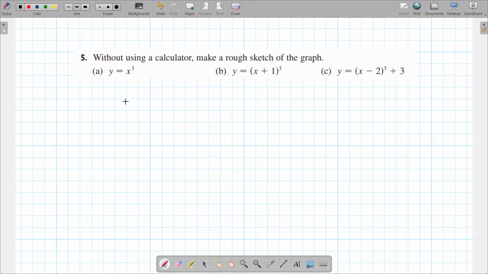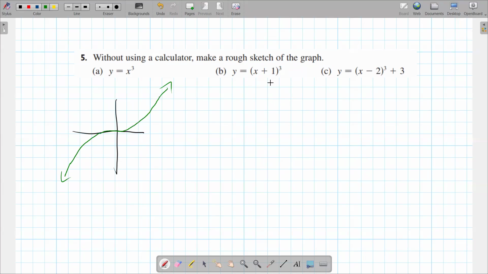What does x cubed, the parent function, look like? So x cubed looks like this. Starts in quadrant 3, ends in quadrant 1, right?